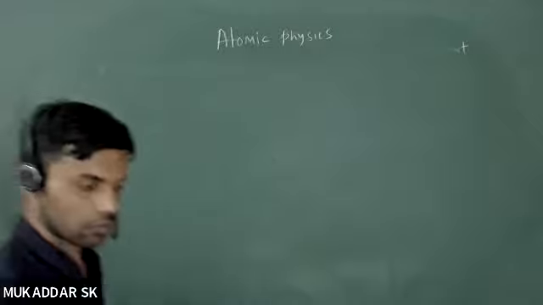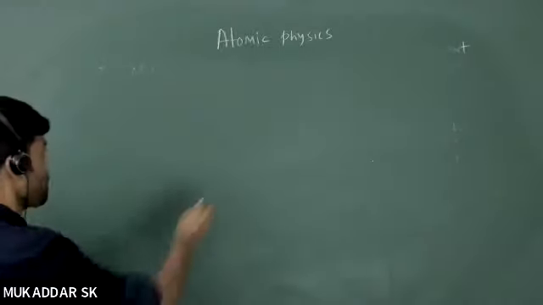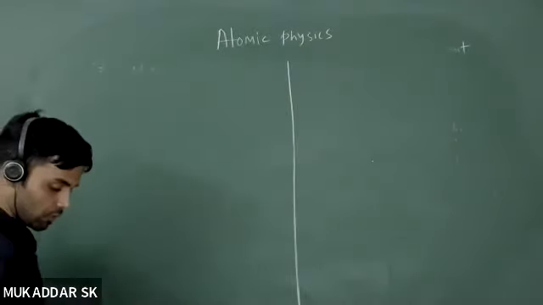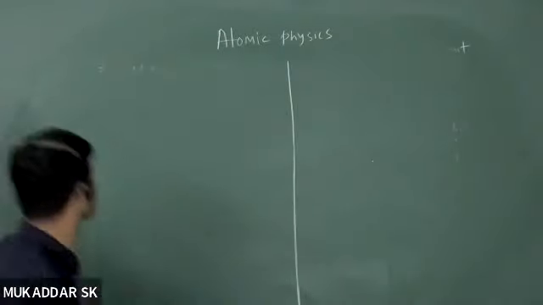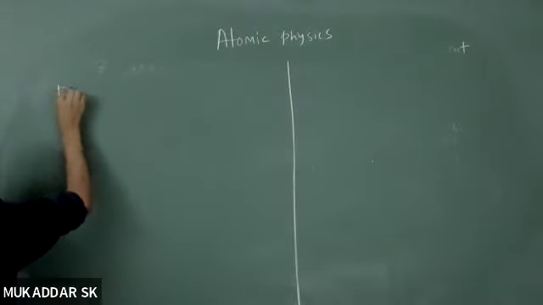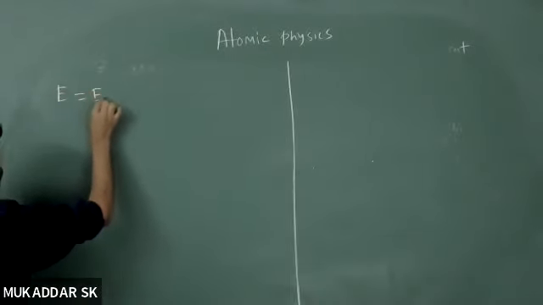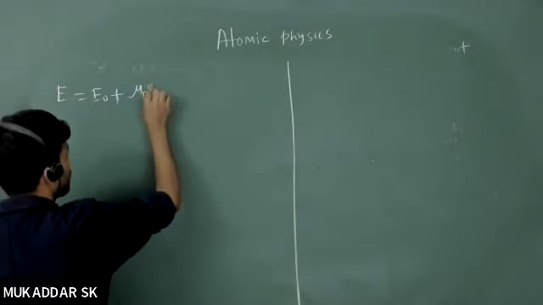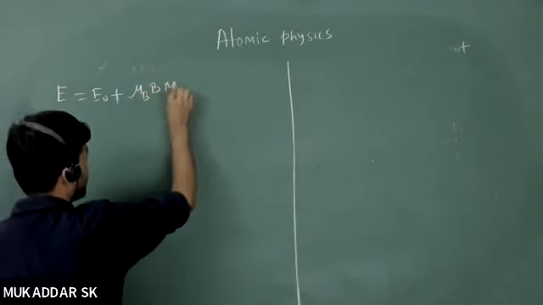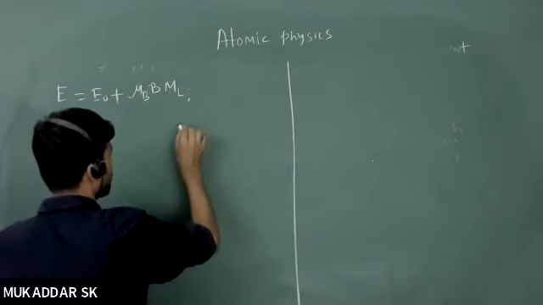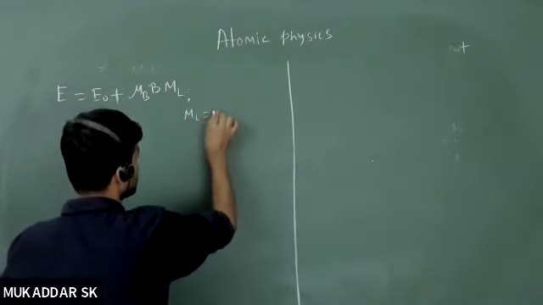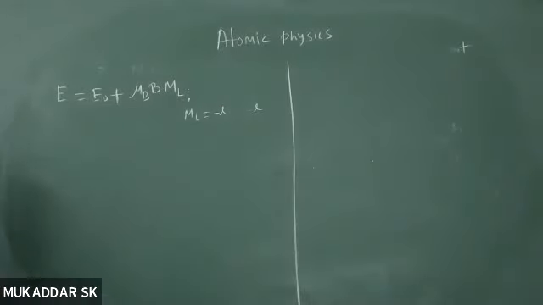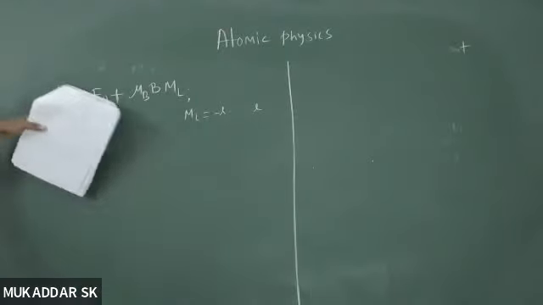E naught plus mu B, that is Bohr magneton, B is the applied magnetic field, and ML. Now ML can vary. ML will be how much? Minus L to plus L. So there will be many energies, right?